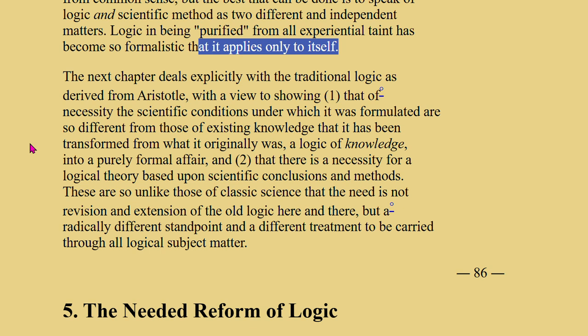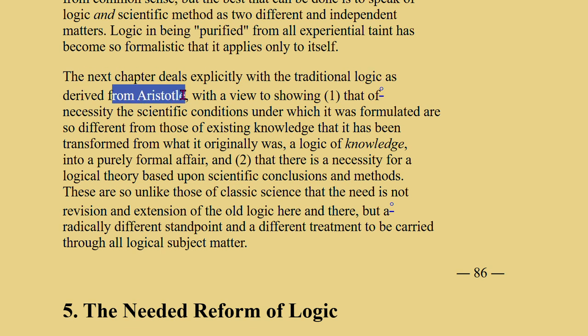Outside of logic itself. So, finishing up here, kind of previewing what we're going to deal with next. The next chapter deals explicitly with the traditional logic as derived from Aristotle, with a view to showing, 1, that of necessity the scientific conditions under which it was formulated are so different from those of existing knowledge that it has been transformed from what it originally was, a logic of knowledge, into a purely formal affair.